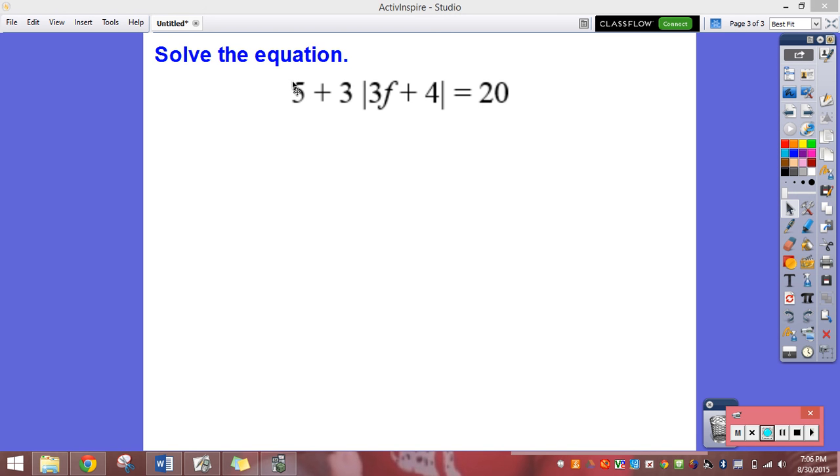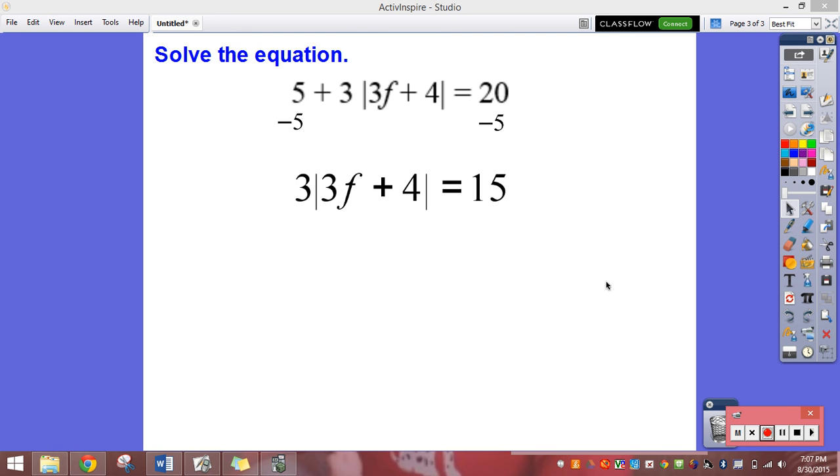So move the 5, it's positive, so I would subtract it first. And once I subtract, I'm left with 3 times the absolute value of 3f plus 4 equals 20 minus 5, which would be 15. Oops, I forgot to change that 20 to a 15.